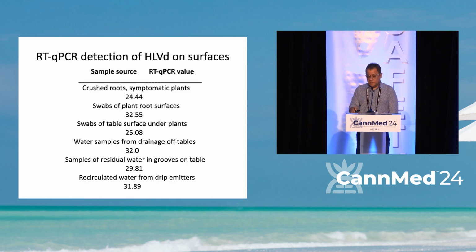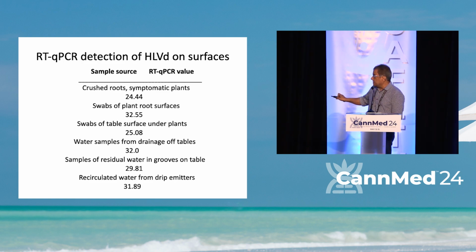We've also done qPCR with this work, and as I mentioned earlier, the area right underneath the slabs of the plants right here, the reading on a qPCR machine was around 25, which is fairly significant, almost equivalent to what you see in the roots. And then swabs of the table surface, water samples, residual water, and recirculated water are all positive for hop latent viroid.